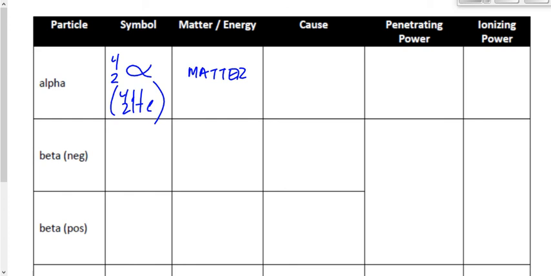What's the cause of it? You might remember on Friday we talked about 3 forces in the nucleus, 2 of which were relevant to the discussion that we're having with alpha particles here today. One was called the electrostatic force, and that's not a new force. We've known this since back in February. We've known that this force can be attractive or repulsive, but in the nucleus it can only be repulsive.